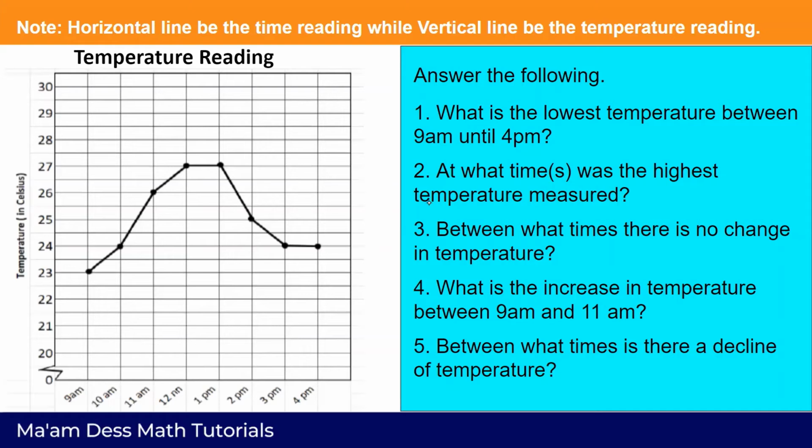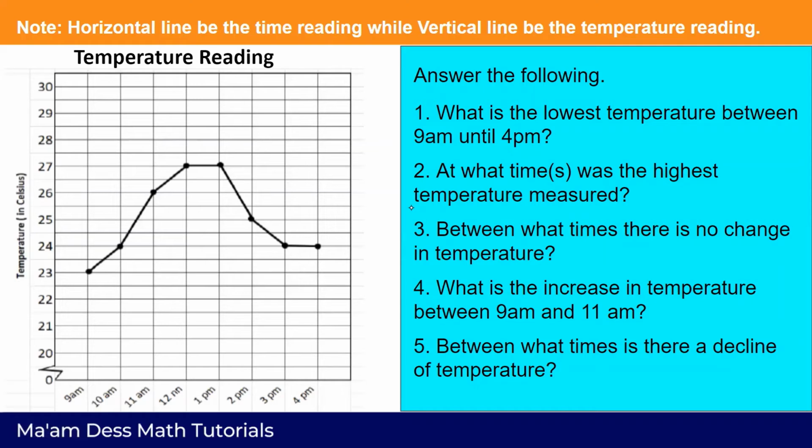What is the lowest temperature between 9 a.m. until 4 p.m.? Kita po naman natin. From here, for 9 a.m., 23, next 24, next 26, 27, this one 27 again in 1 p.m.